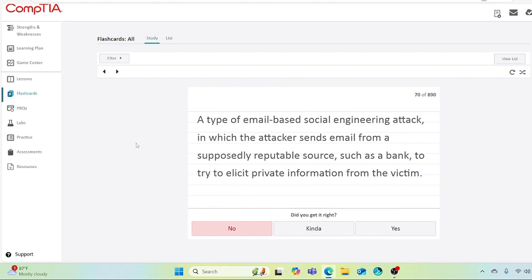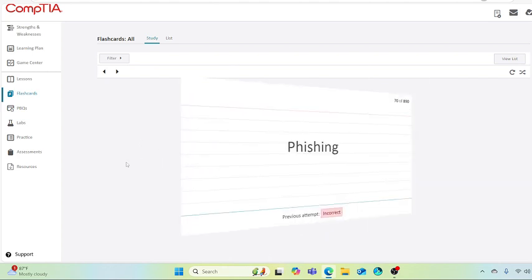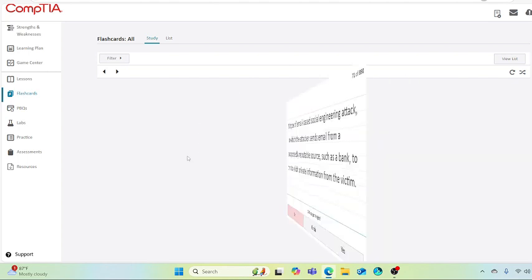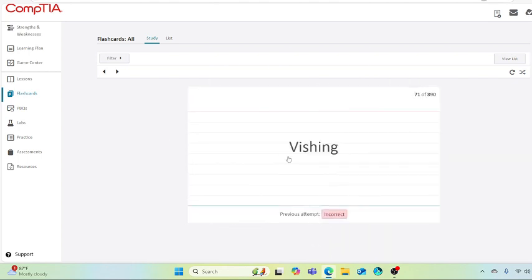Phishing. A type of email-based social engineering attack in which the attacker sends email from a supposedly reputable source, such as a bank, to try to elicit private information from the victim. Vishing.